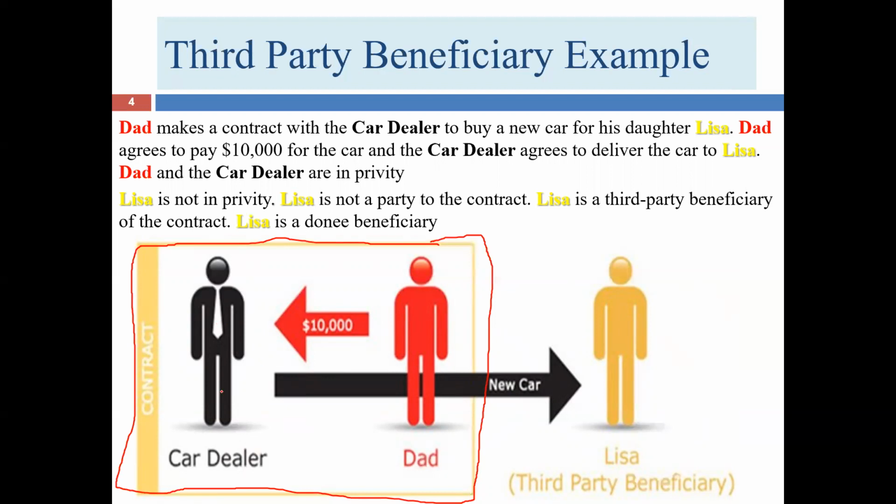On the other hand, the car dealer has obligations under this contract. If Dad gives the car dealer $10,000 and the car dealer doesn't give the car to Lisa, Dad is going to sue the car dealer for his $10,000 back. So they both have obligations under the contract. But you may notice in this scenario that Dad does not directly benefit from this contract. He's not acting charitably in the sense of donating the money to the car dealership because he thinks the car dealership is so meritorious.